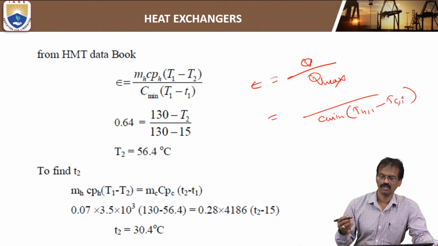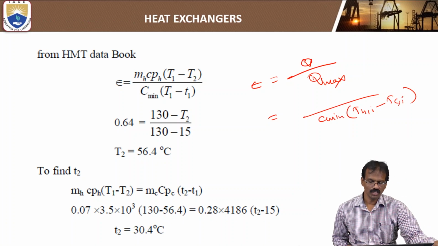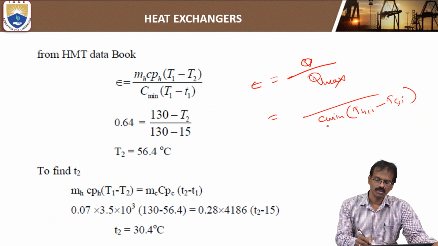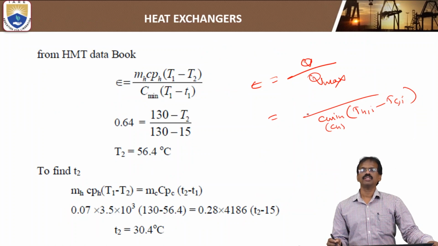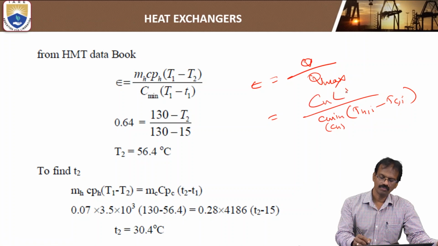C minimum is equal to CH, which is 245. With respect to the hot fluid, the actual rate of heat transfer is CH into the hot fluid temperature difference, hot fluid inlet minus hot fluid outlet.